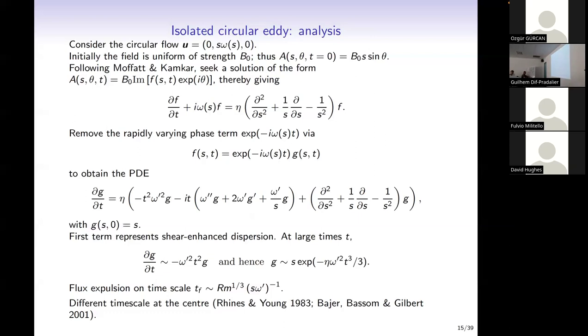Then omega here is not vorticity, but is angular velocity. What do you notice? So the key, well, two things to notice. One is that the time scale is Rm to the third. The other is that all the action is taking place where the angular velocity is maximized. Okay, that's the key feature here.